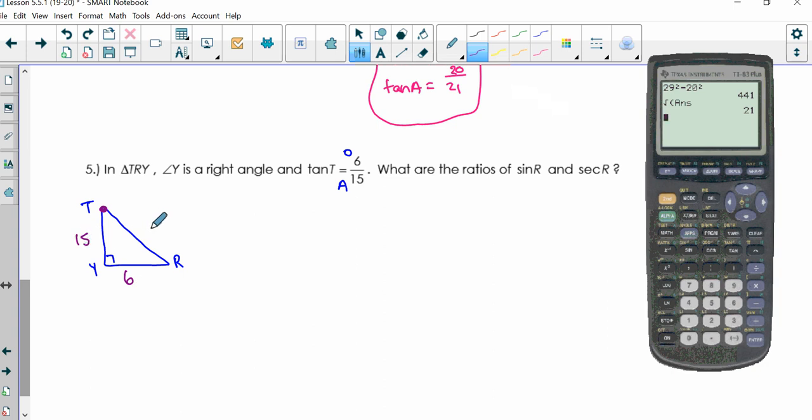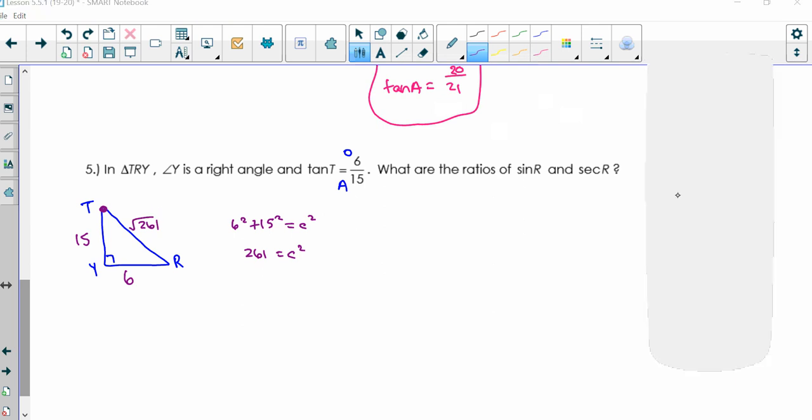In order to figure out the third side, I'm going to do 6 squared plus 15 squared equals C squared. So 6 squared plus 15 squared, 261. Square root of that. All right, so since I don't get a nice number, I'm going to leave this as the square root of 261.